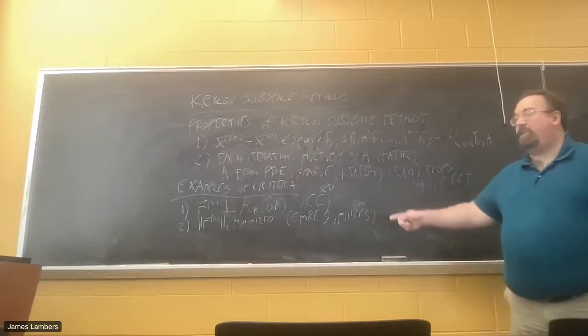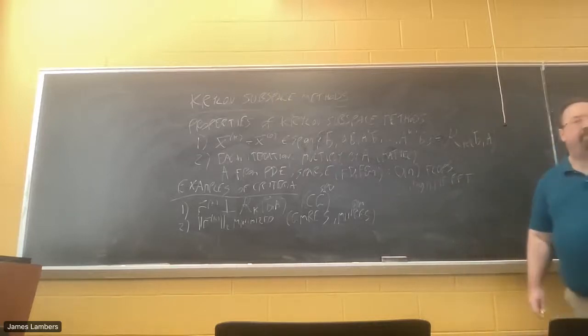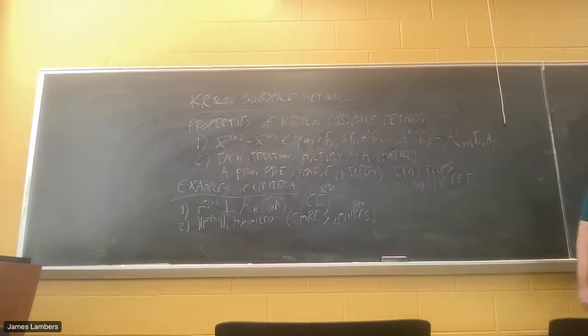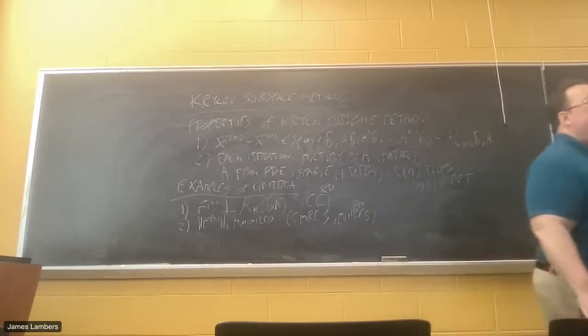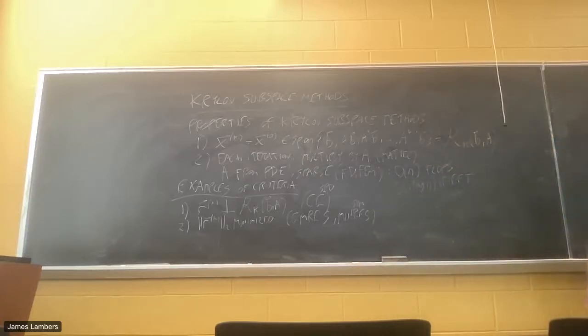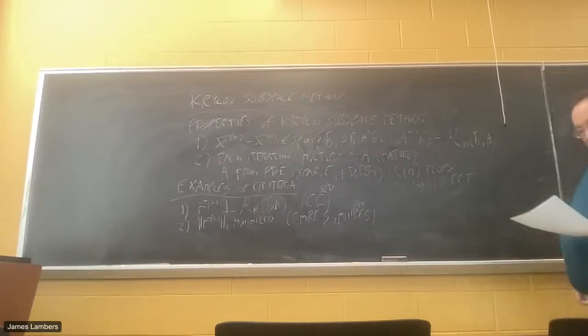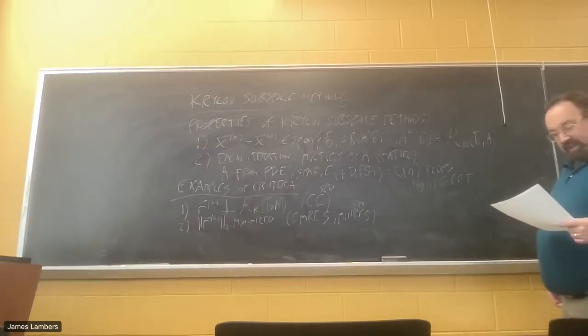And there are MATLAB functions that implement all of these. So actually, the MATLAB functions are GMRes and MinRes. For conjugate gradient, it's called PCG, preconditioned conjugate gradient, because most times you really shouldn't use conjugate gradient without a preconditioner. Okay.